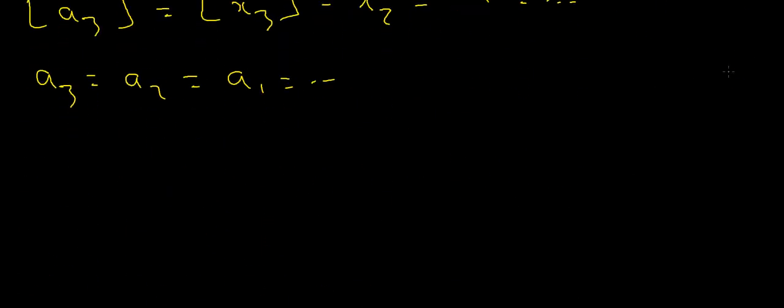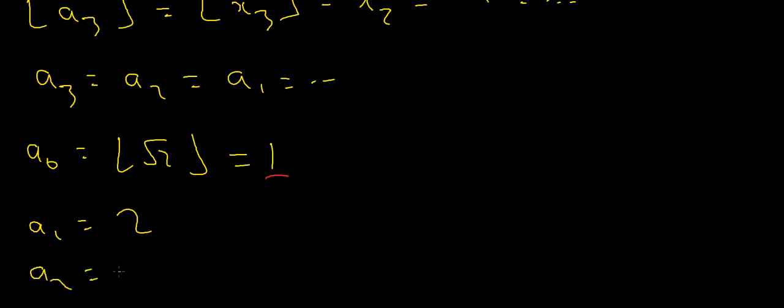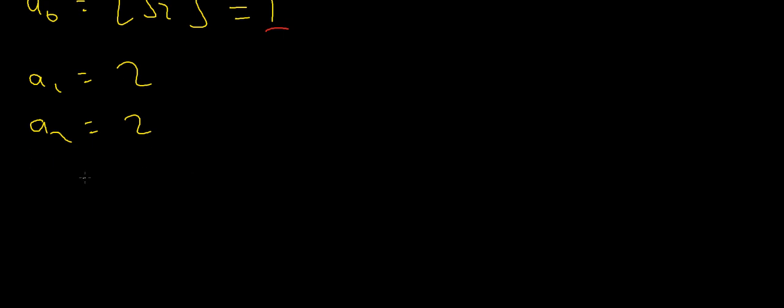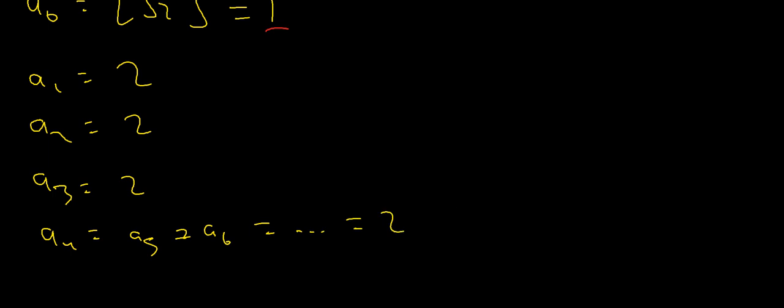So let's recap what we found. We started with a0 being the floor of root 2, and we found that it had value 1. So let's put a circle or an underline under that. And then we found that a1 had the value 2. And then we found that a2 was also equal to a1, which had the value 2. And then we found a3, which had the value 2, because that was just equal to a2. And so all of the following numbers, a4 and a5 and a6, are going to be equal to 2, as we've just shown.